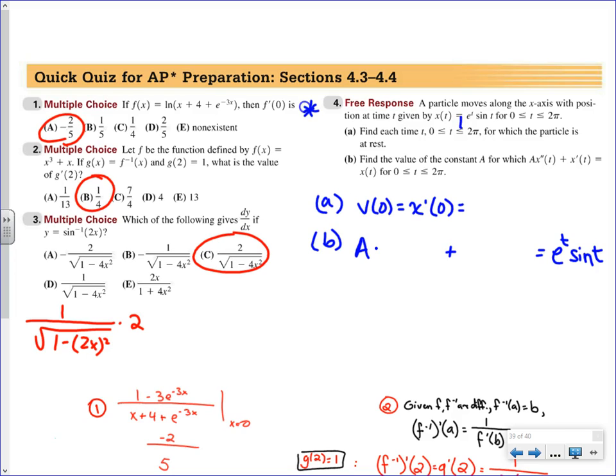Ooh, I'd have a product rule, right? So second d first, that's just e to the t sine of t, plus first d second, derivative of e to the t is e to the t, so we just need cosine of t. And then I just need to plug that in down here now.